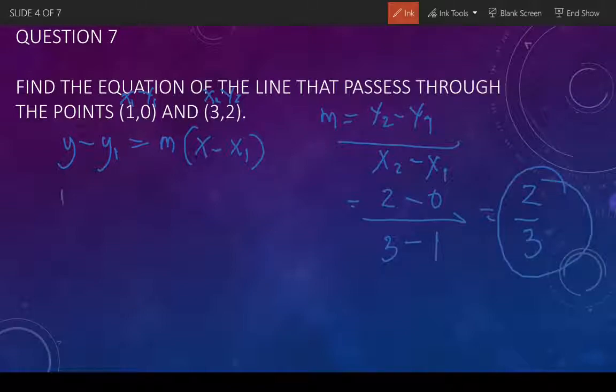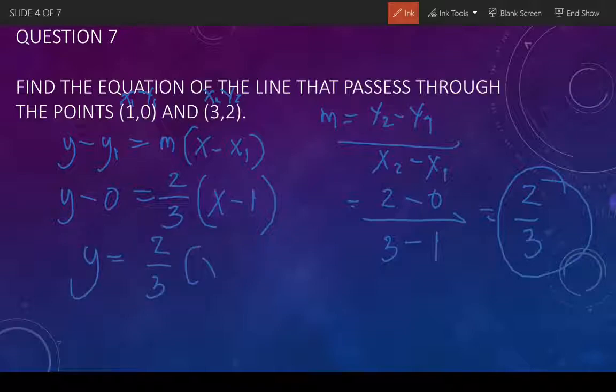We have y minus, yung y sub 1 natin is 0, is equal to 2/3 times x minus 1, our x sub 1. And then let us simplify. y is equal to 2/3 times x minus 1. Multiply natin both sides by 3 para maalis yun nandito.